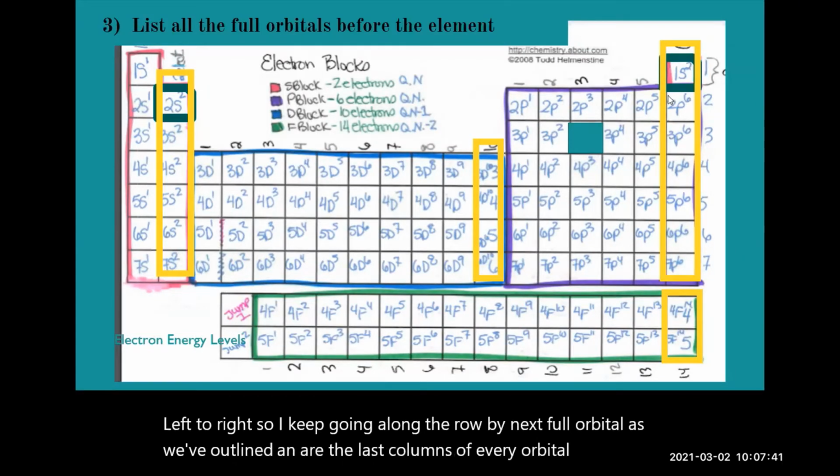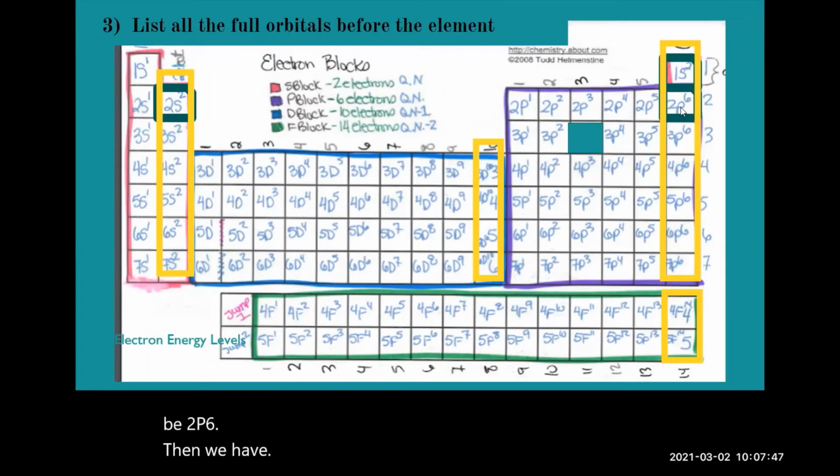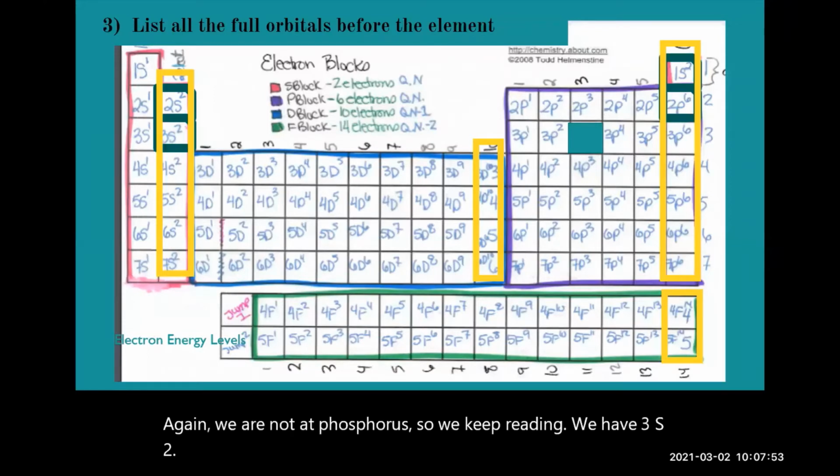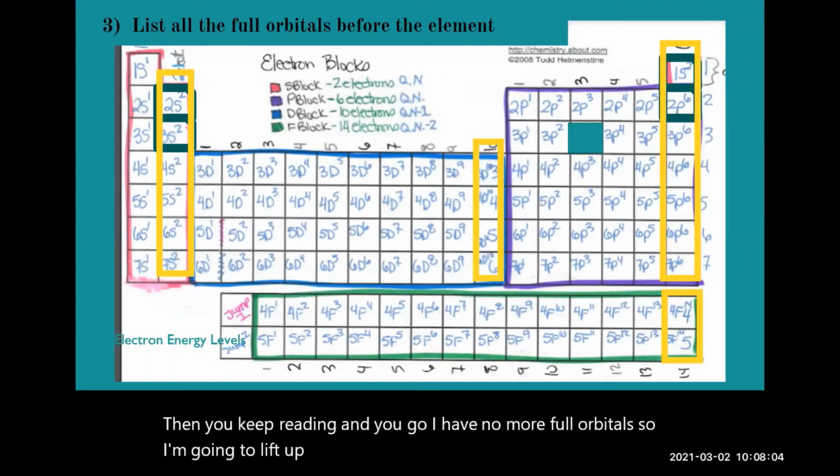So it would be 2p6. Then, again, we are not at phosphorus, so we keep reading. We have 3s2. Then you keep reading and you go, oh, I have no more full orbitals, so I'm going to lift up my finger and write what's under my finger.